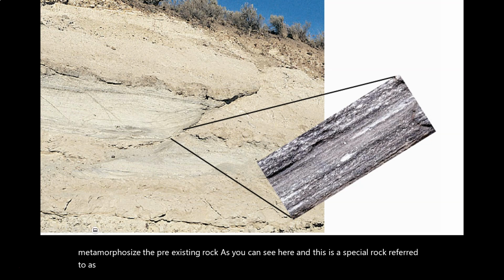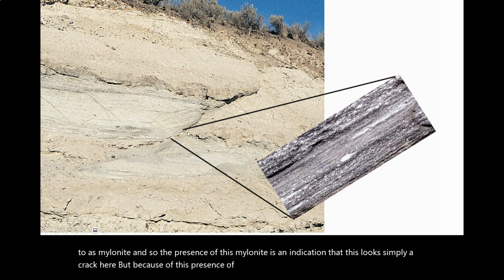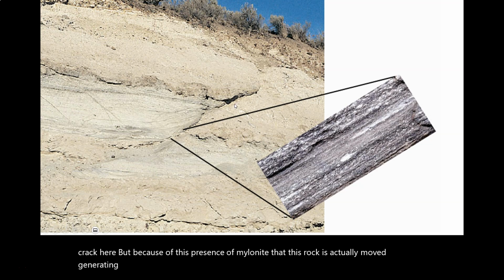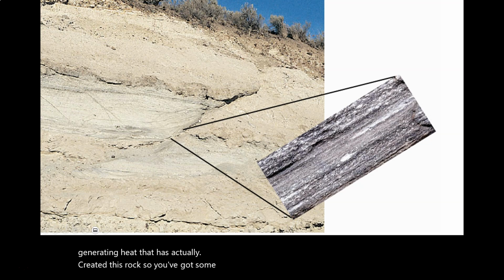And so the presence of this mylonite is an indication that this looks simply like a crack here, but because of this presence of mylonite, you know that this rock has actually moved, generating heat that has created this rock. So you've got some metamorphic rocks found along this area, specifically mylonite.